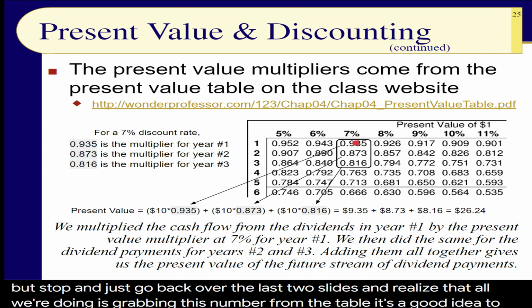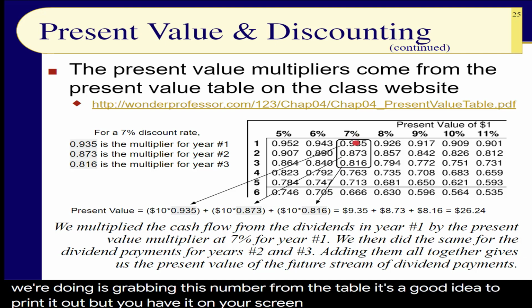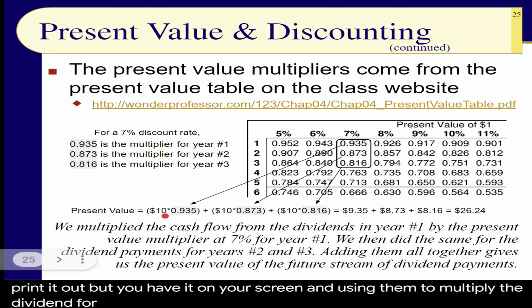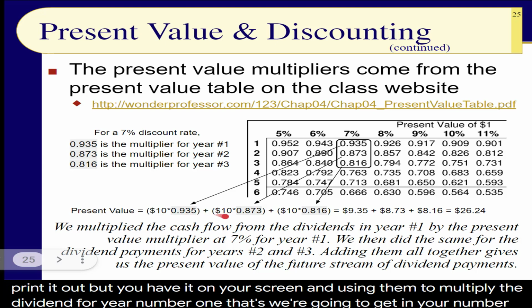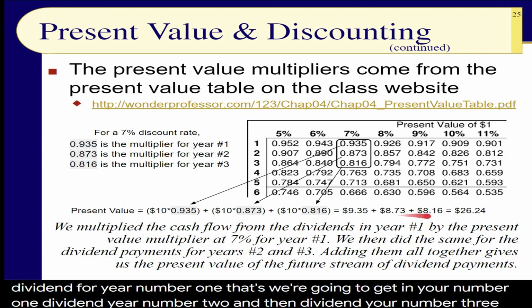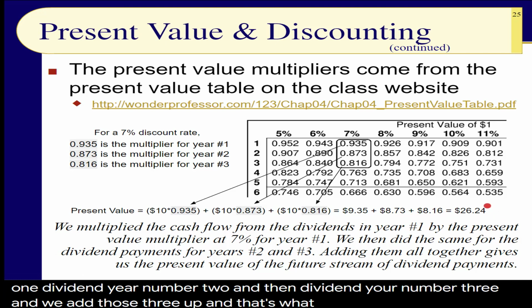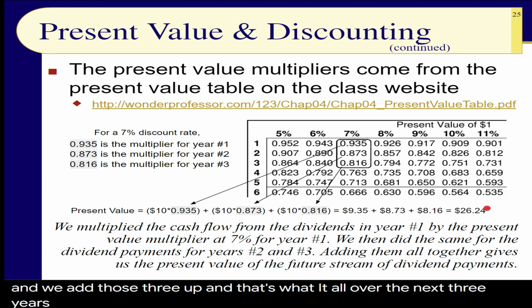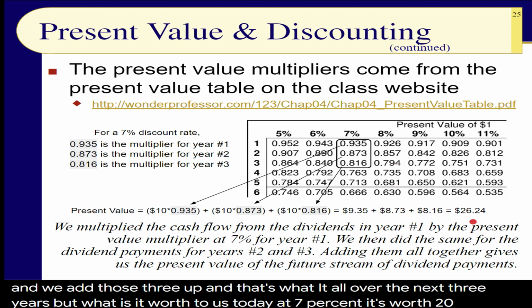It's a good idea to print it out, but you have it on your screen. And using them to multiply the dividend for year number 1. That's what we're going to get in year number 1. Dividend in year number 2, and then dividend in year number 3. And we add those 3 up, and that's the $30, because we're going to get $30 total over the next 3 years. But what is it worth to us today? At 7%, it's worth $26.24.